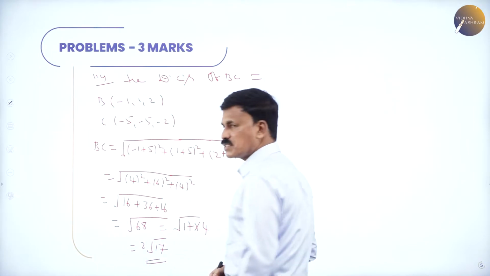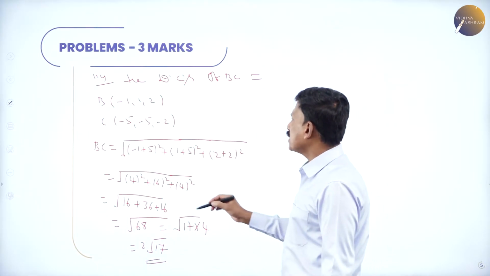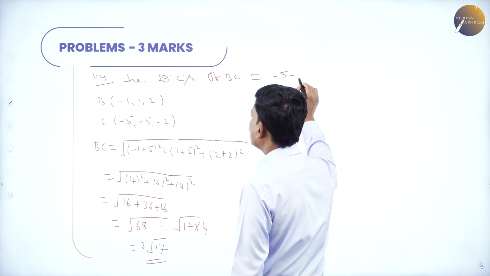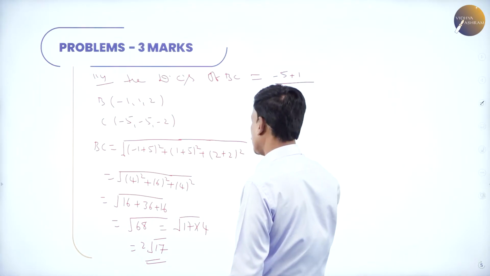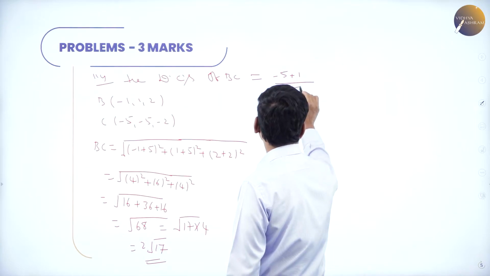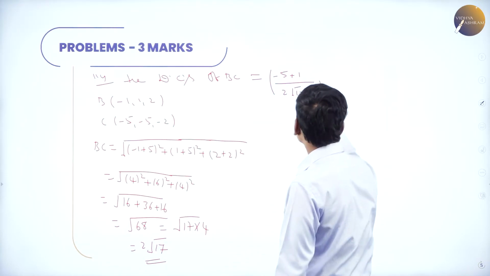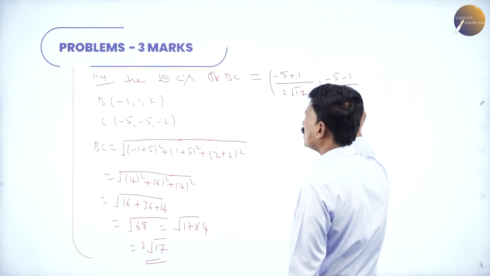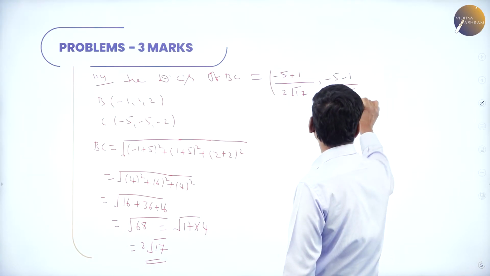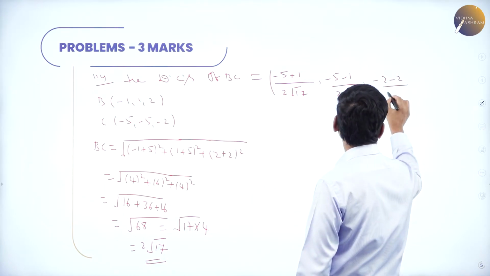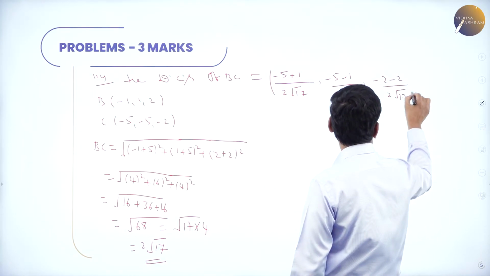The direction cosines of BC are x2 minus x1, that is minus 5 minus minus 1, divided by 2 root 17, comma, minus 5 minus 1 divided by 2 root 17, minus 2 divided by 2 root 17.